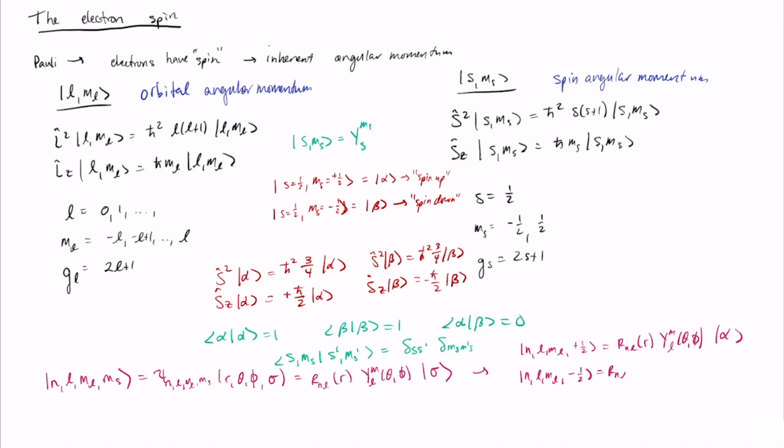And this still has the same radial equation, the same spherical harmonic, but just a different spin function. Okay, so this is now two solutions with the same r, theta, and phi dependence, but they just differ in terms of this extra degree of freedom that we call spin.